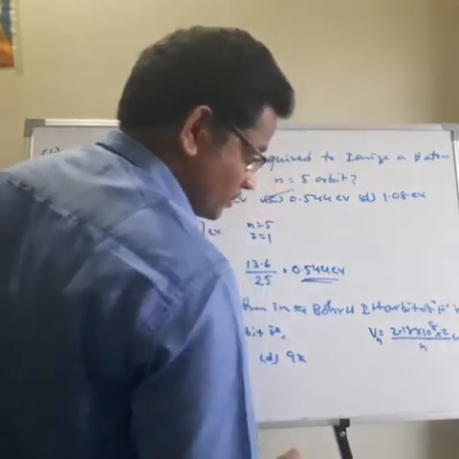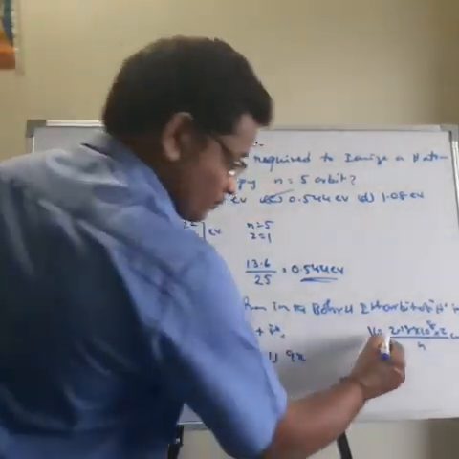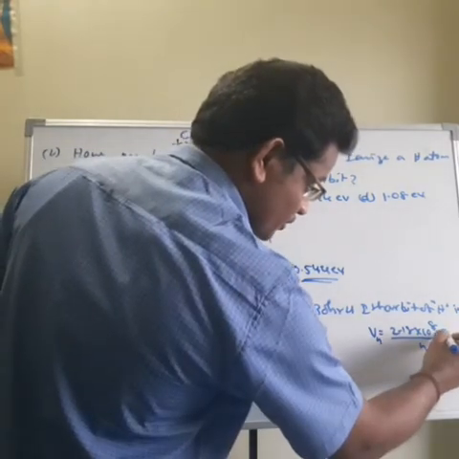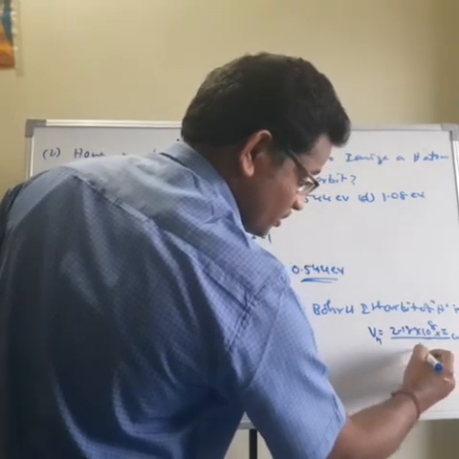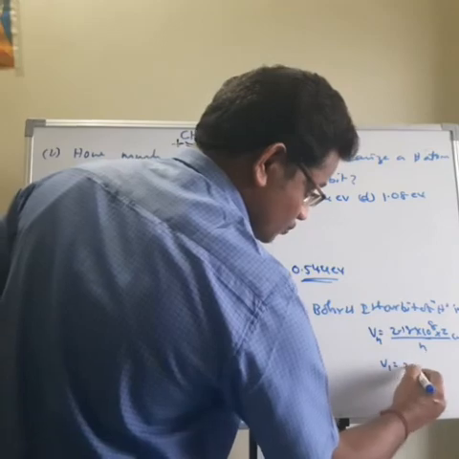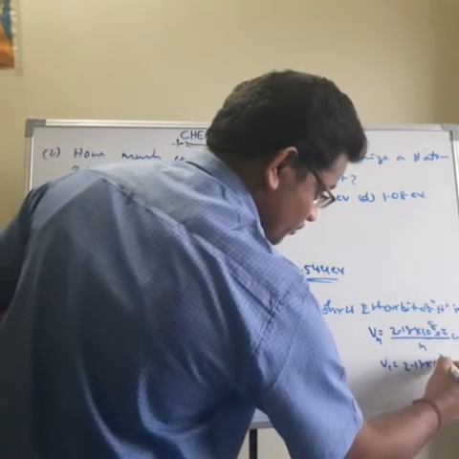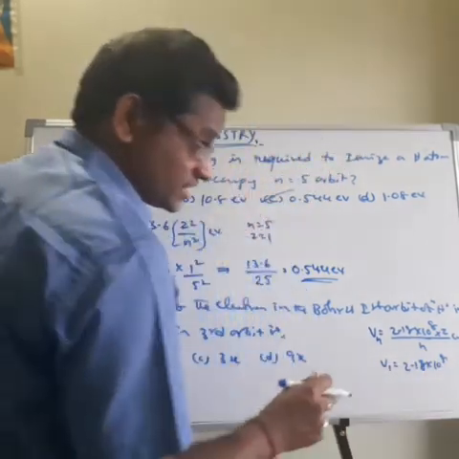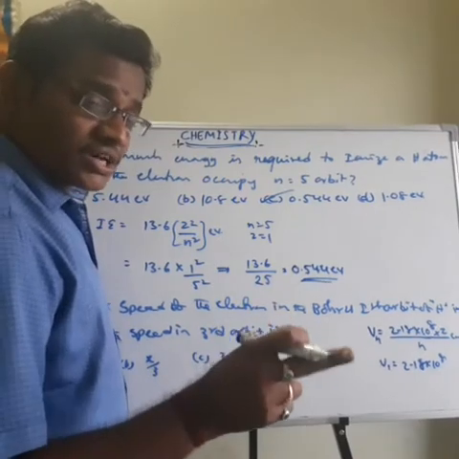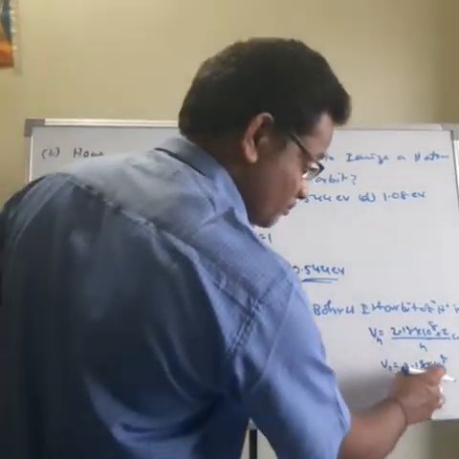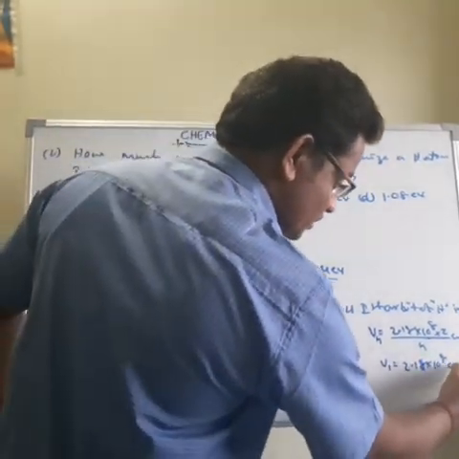For the first orbit of the hydrogen atom, Z is 1 and n is 1, so the velocity is 2.18 into 10 power 8 centimeter per second.